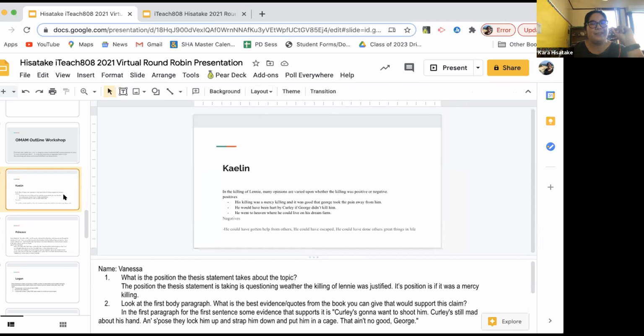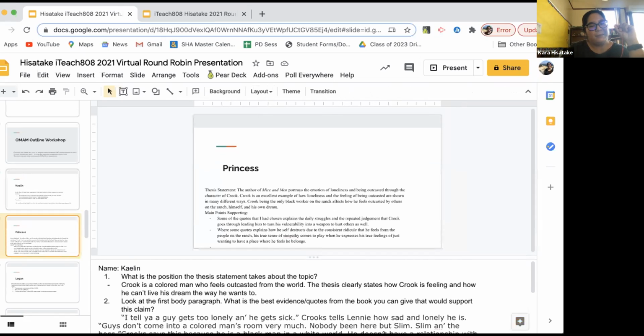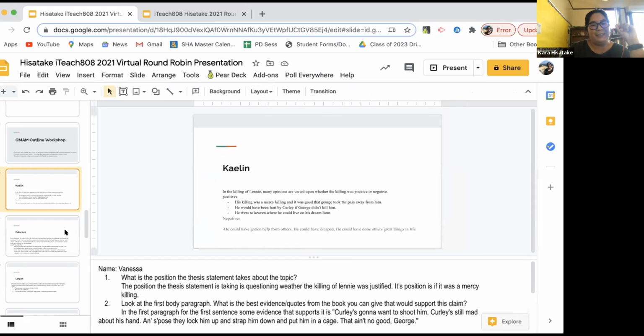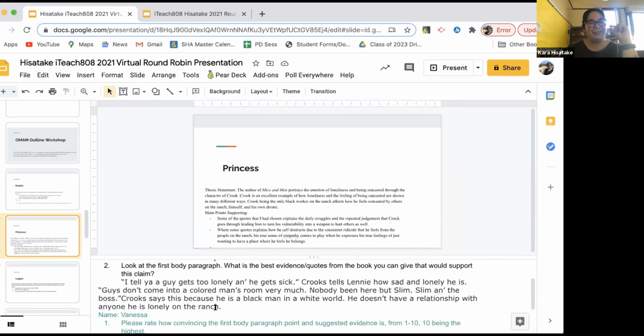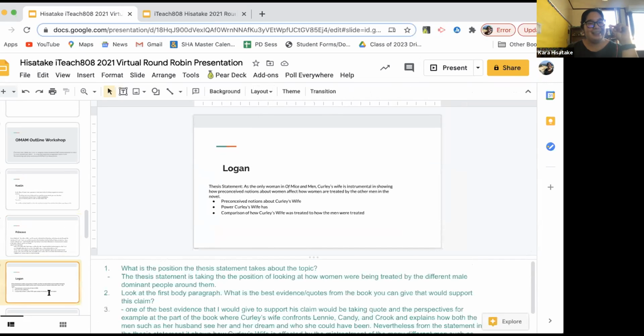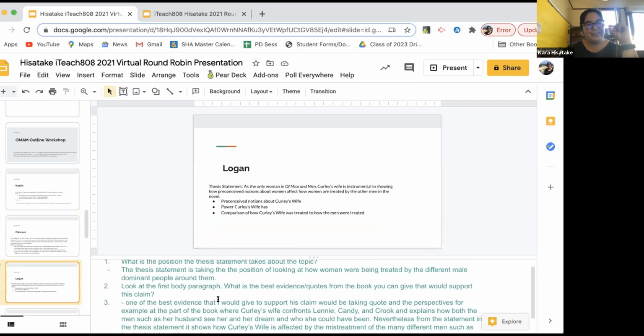So the person who's at the bottom of the roster would just go to the top in terms of the slides. So this is someone who went to the top. The person here just went down and looked at the thesis statement, finding evidence, and again.